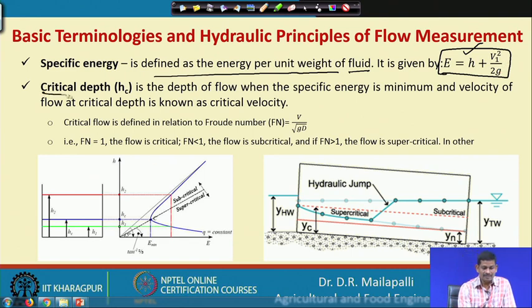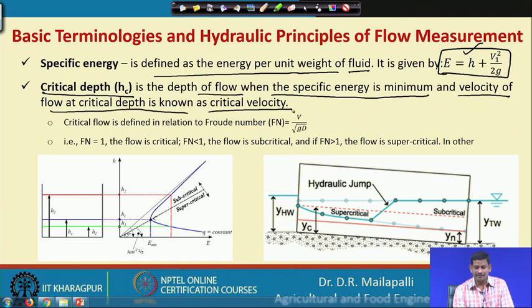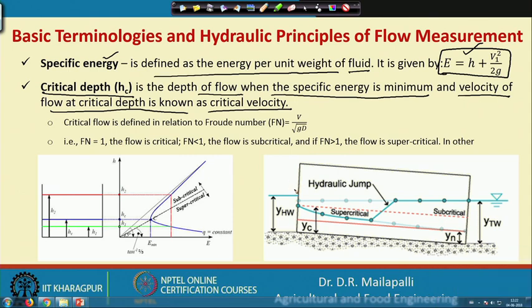Then, what is critical depth? It is the depth of flow when the specific energy is minimum, and the velocity of the flow is critical velocity. So, the specific energy at critical depth is minimum. Generally we use this terminology in hydraulic jump.